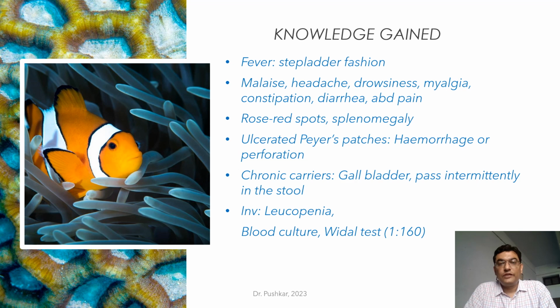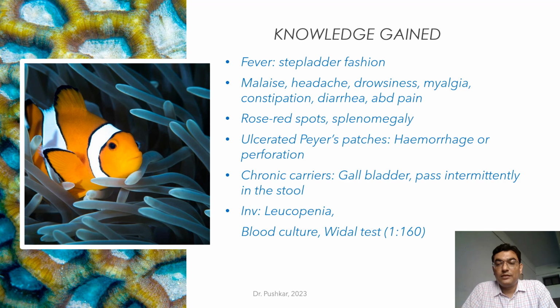So what knowledge did we gain today? We now know that typhoid fever is of a stepladder fashion, and the patient usually presents with malaise or restlessness, headache, drowsiness, myalgia, constipation, and diarrhea. Abdominal pain is there. Rose red spots are there in the second week. Splenomegaly is also present. Ulcerated Peyer's patches are there, which may hemorrhage or perforate, and there are chronic carriers in the gallbladder, and the bacilli pass intermittently in the stool.